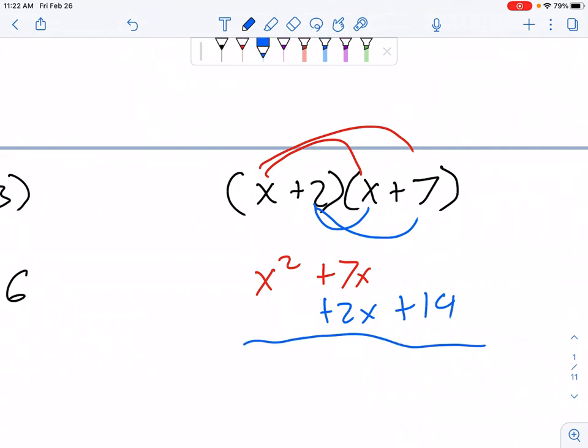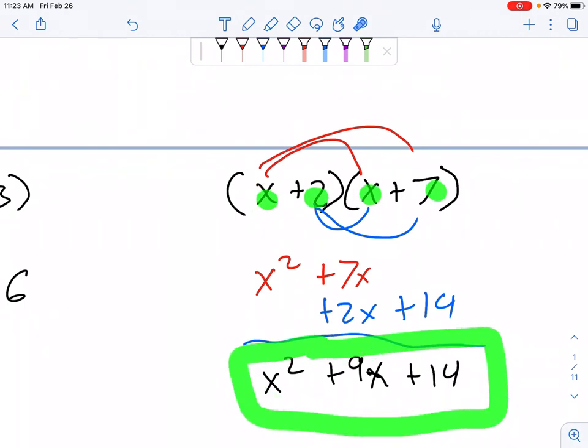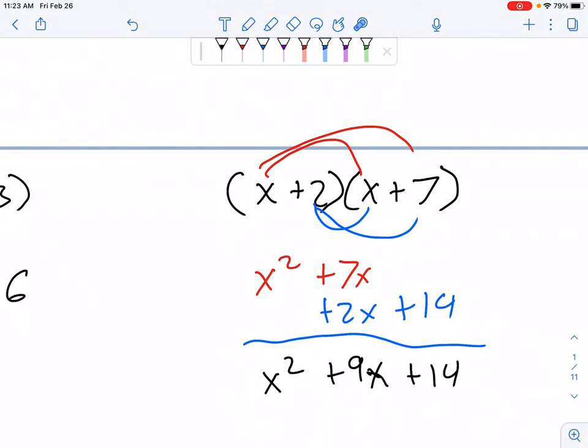And then we combine our like terms, and we have x squared plus 9x plus 14. So here's our trinomial. So when we multiply 2 terms times 2 terms, it gives us a 3-term answer, or what we call a trinomial.